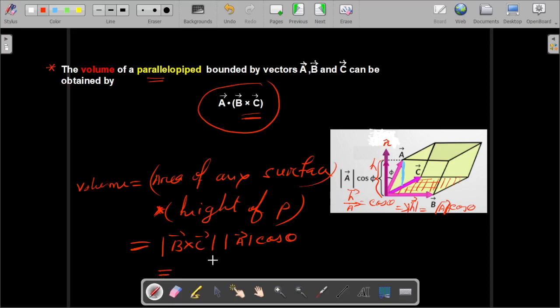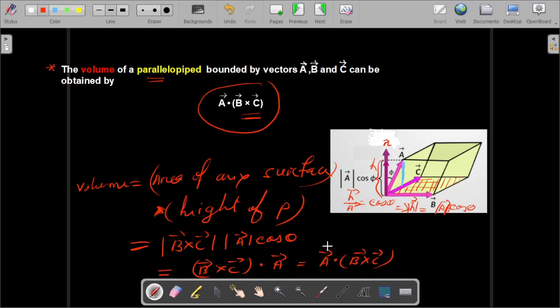Now in the vector form, how will it be? This will be A dot B cross C. For any, the same for A dot B cross C. You can put this also.